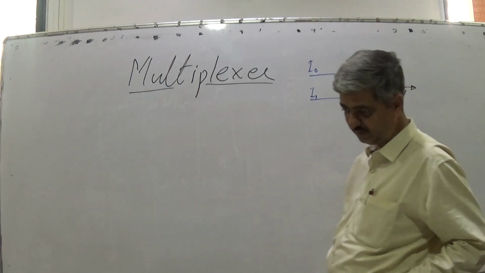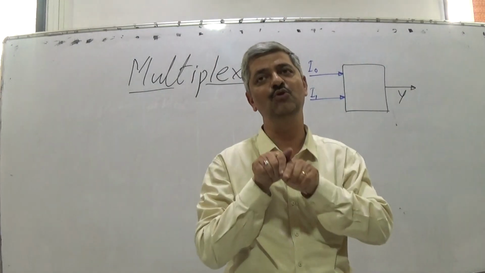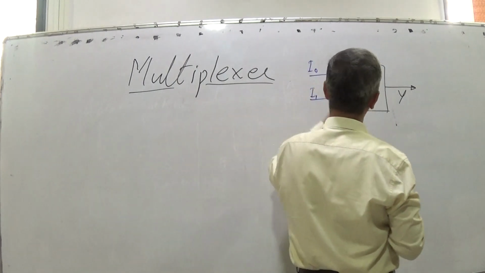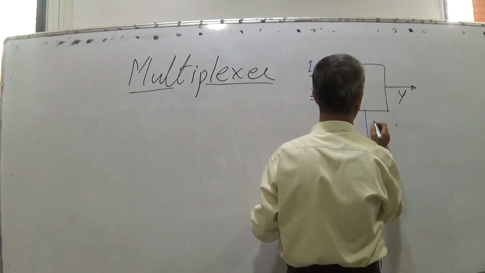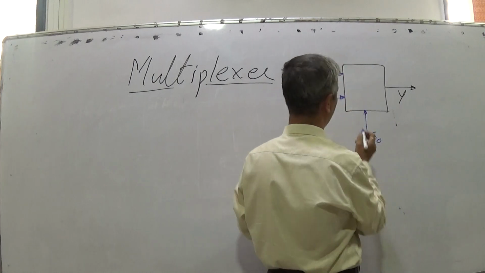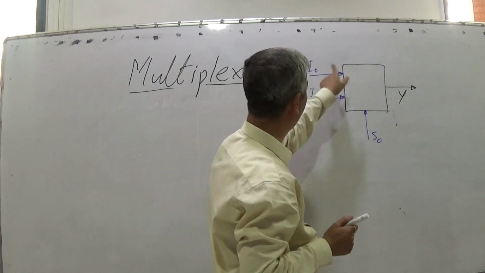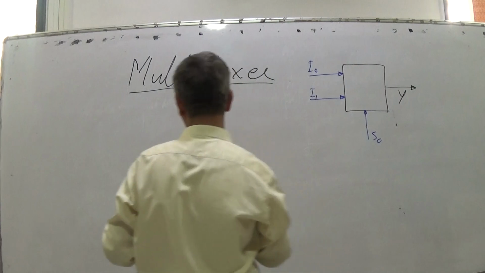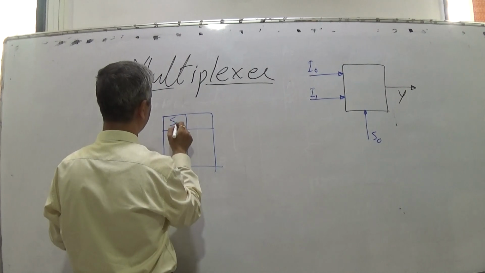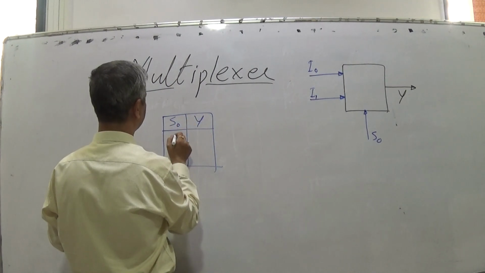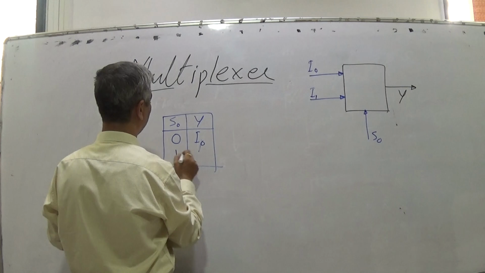Then the multiplexer can be set into a scenario where it has 2 inputs. Which input should occur on the output is selected by what is called the select line S, and we get S0. So this select line selects which input should come on the output, and the truth table of the multiplexer is very simple. If the select line S0 is 0, output Y is I0, and if the select line is 1, output is I1.